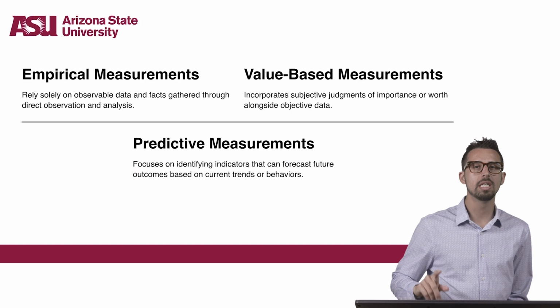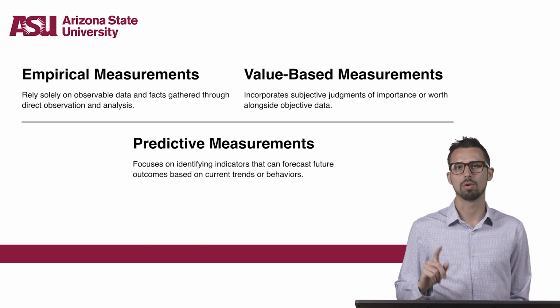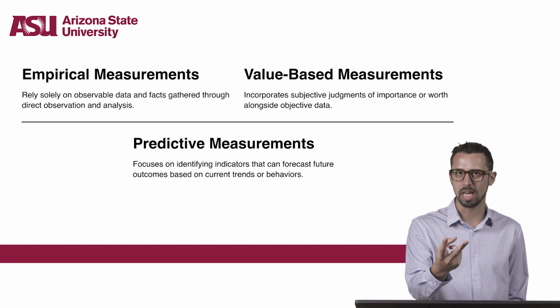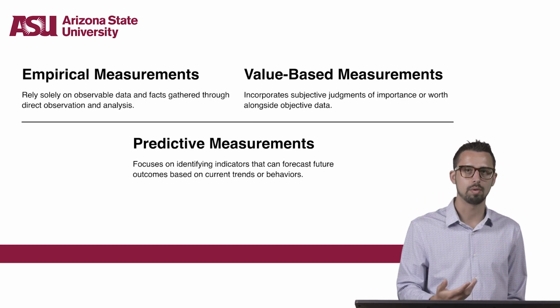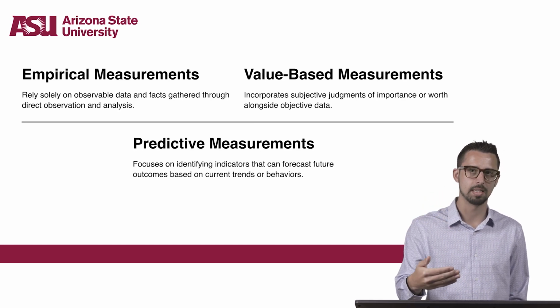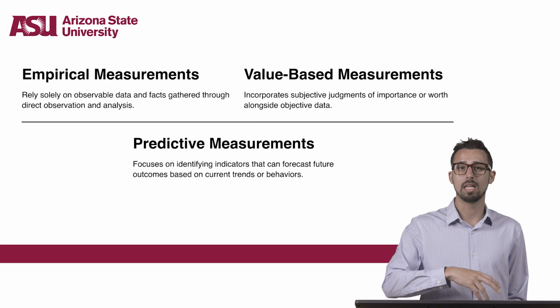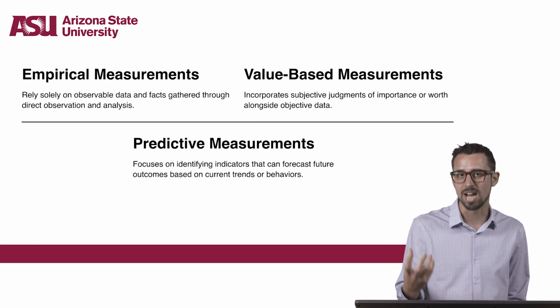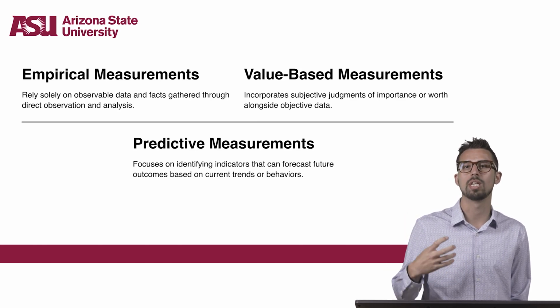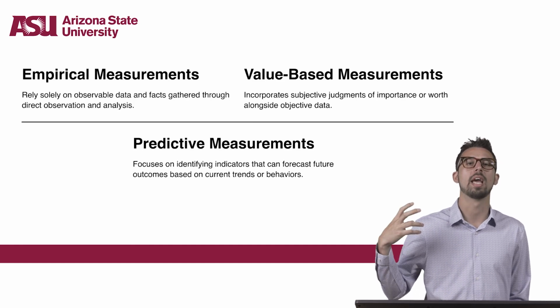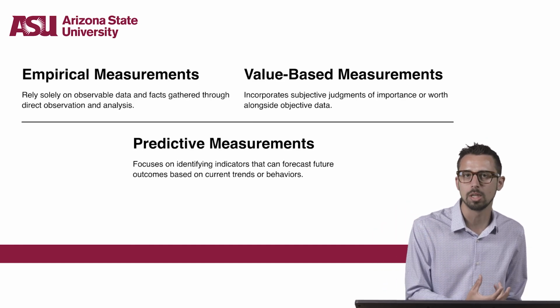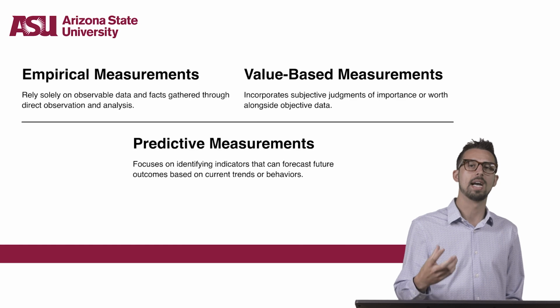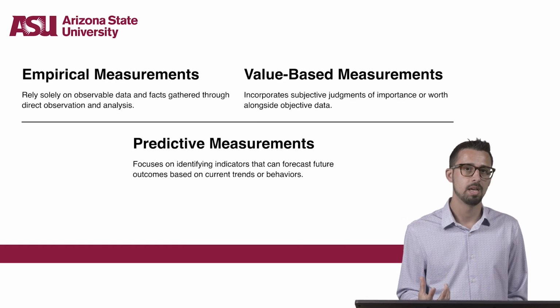Agile really favors empirical measurements, which rely solely on observable data and facts gathered through direct observation and analysis. But it also values value-based measurements, which incorporate subjective judgments and importance or worth alongside objective data.